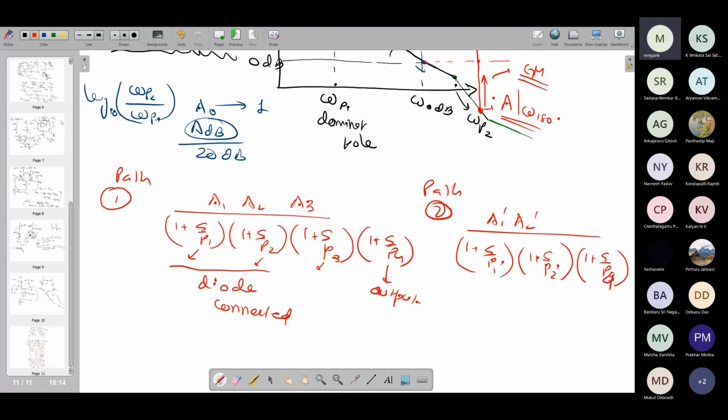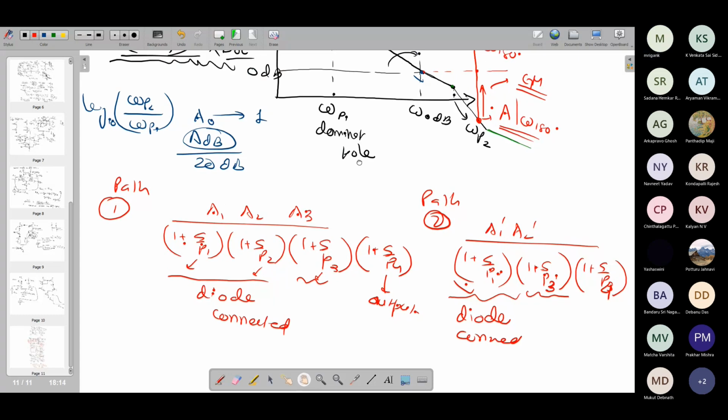And then you have P1 dash, P2 dash in the second path, which are also possibly different because this is for the diode connected stage. This may be similar to P1, very close to P1, so I can say that these two are common. This P2 is similar to P3 over here. So rather let me call it P3 dash, because if you look at the second path, what is happening?